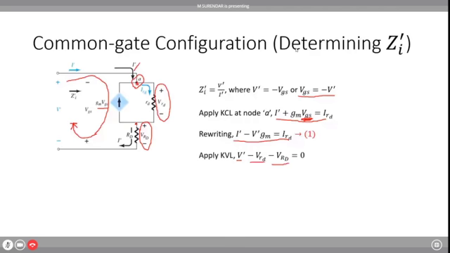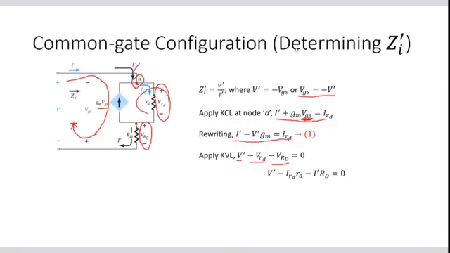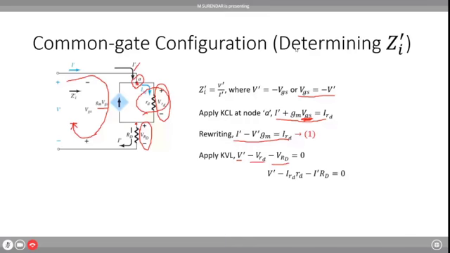Now VRD, we know that VRD is the voltage drop across the resistor small rd, and there is a resistor capital RD. So that can be written as I suffix small rd into rd.